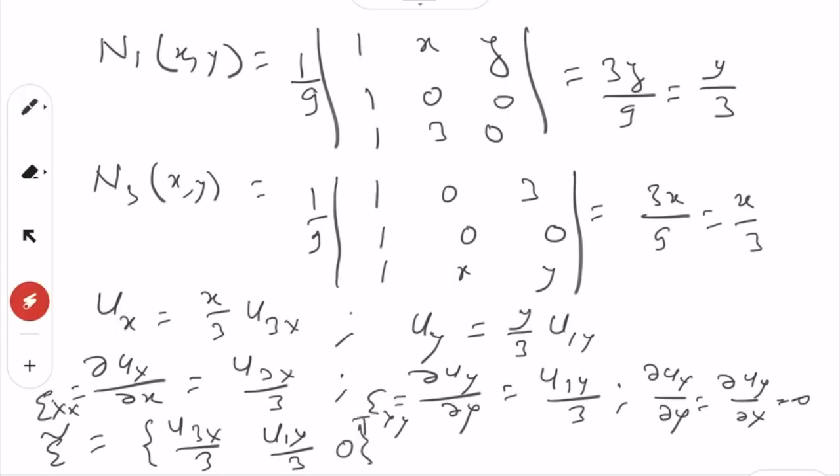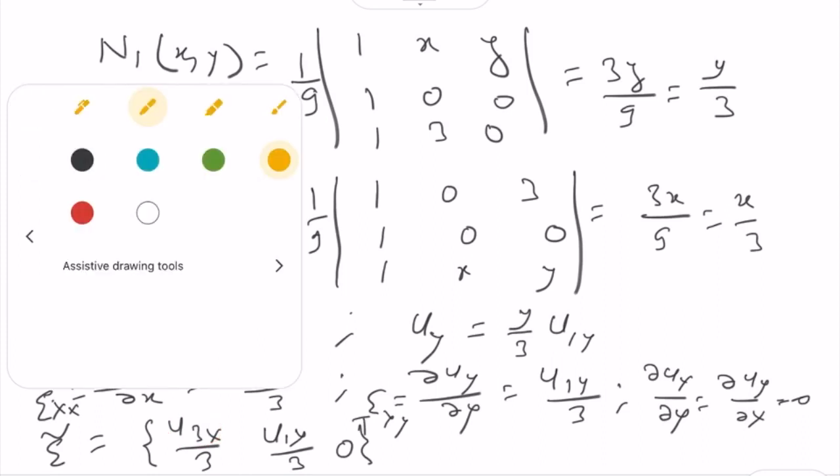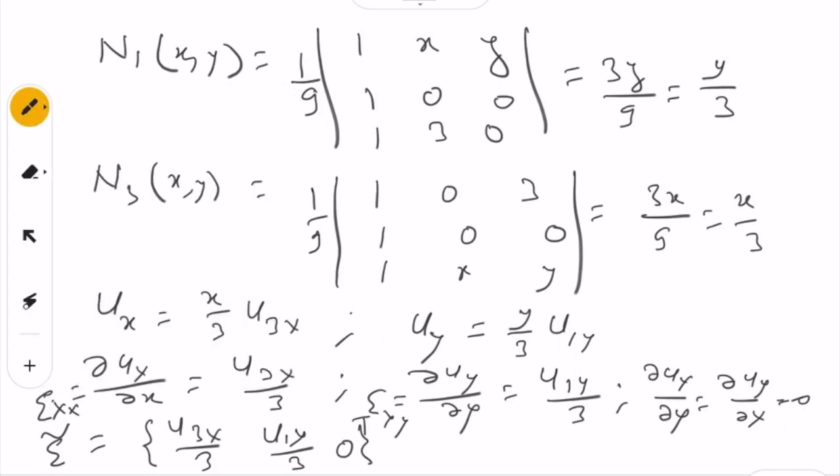So this is what we will get, where u3x and u1y, all these values we got already, and this makes sense. What it tells you is the displacement in x direction divided by the length. If you have to calculate the strain, how will you do it?